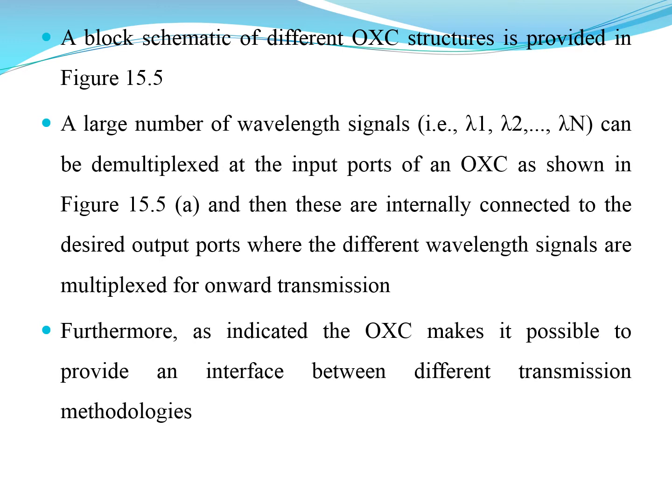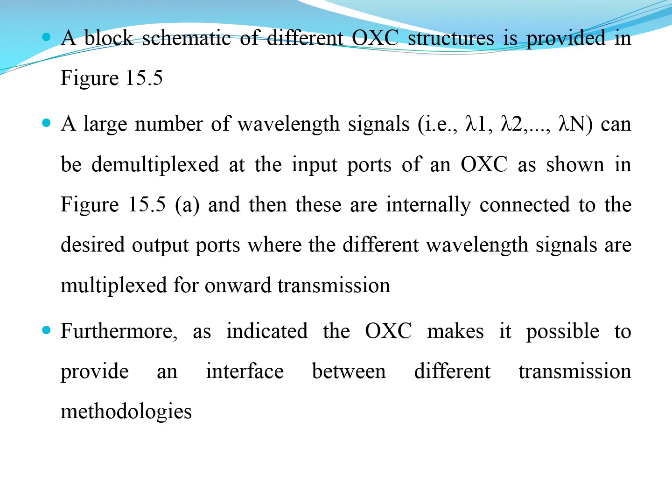Under this, we see that a large number of wavelength signals, lambda 1, lambda 2, etc., lambda n, can be demultiplexed at the input ports of an optical cross connect. These are internally connected to the desired output ports, where the different wavelength signals are multiplexed.